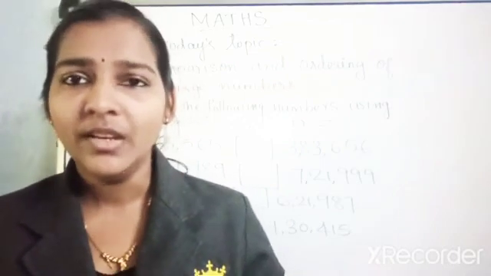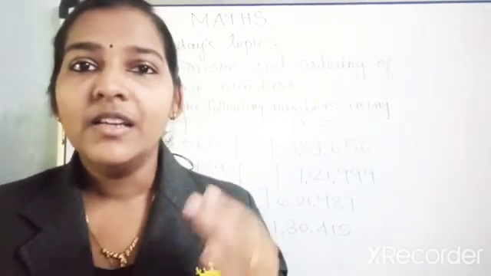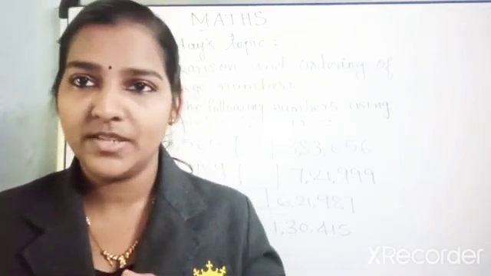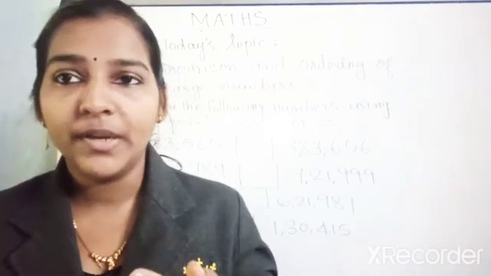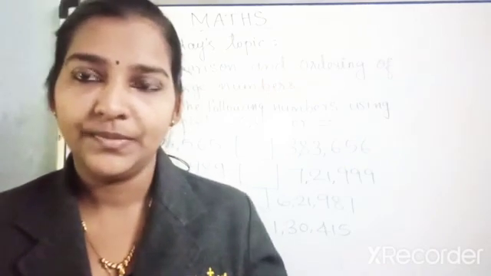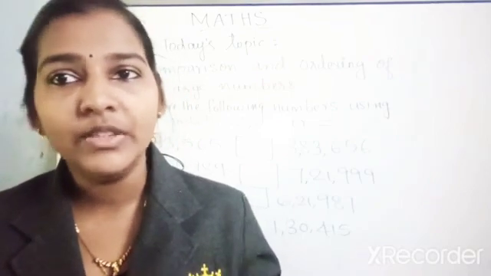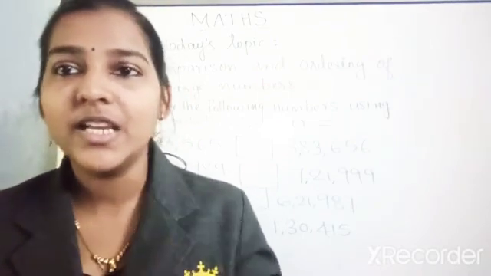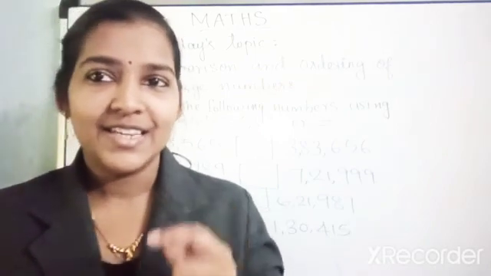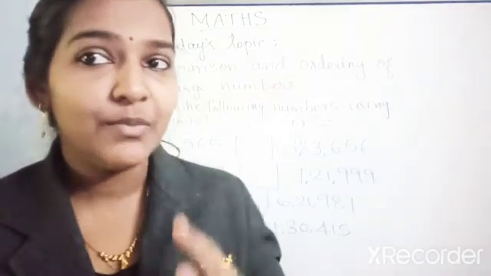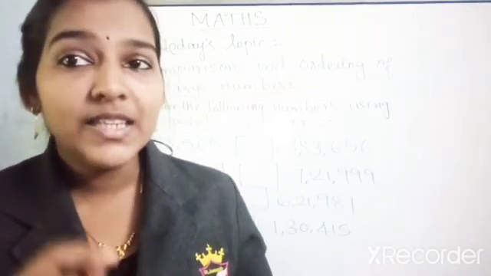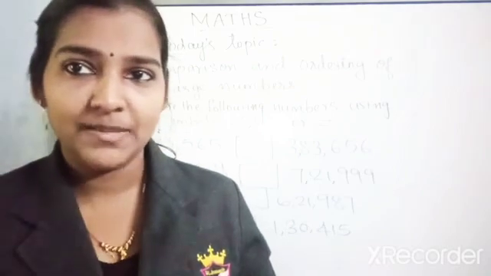Now the next one: if two numbers have the same number of digits, for example if we have to compare 400 and 300, both numbers have the same number of digits, that is 3, right? So how can we compare? Here you have to check one more thing: you compare the digits in the highest place.